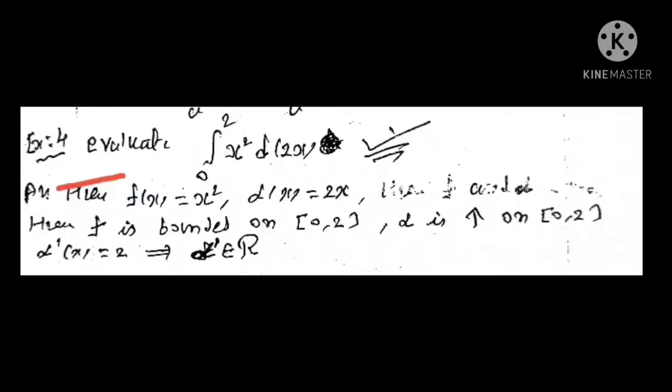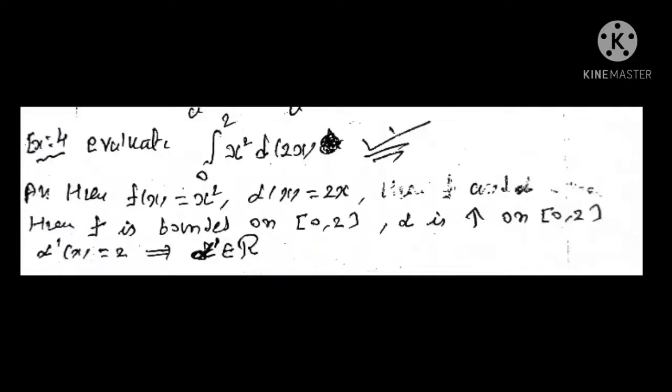Example: evaluate this. Here f(x) is equal to x square and alpha(x) is equal to 2x. Here f is bounded on closed interval 0 to 2 and alpha is increasing on closed interval 0 to 2.